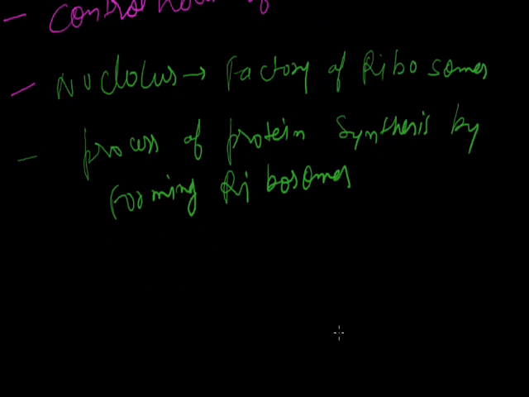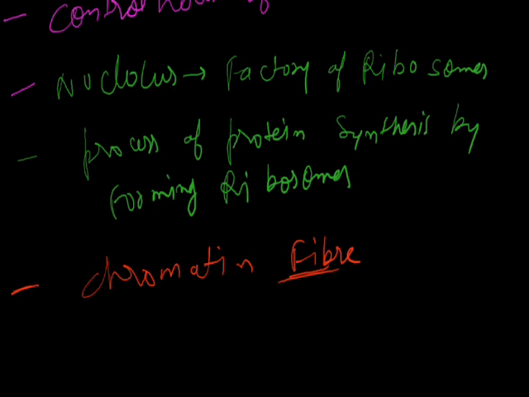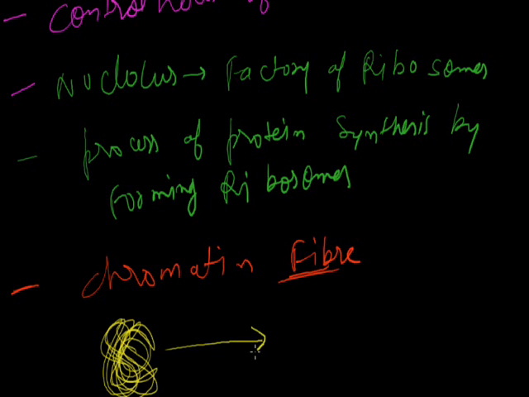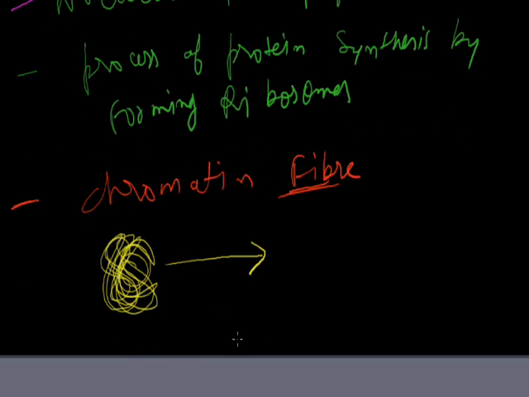The next important thing is that the nucleus has chromatin fiber. What is the importance of chromatin fiber? These are structures present inside the nucleus that are not in an organized way, but how and when they organize is very important.